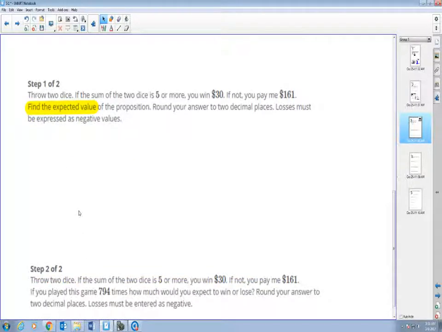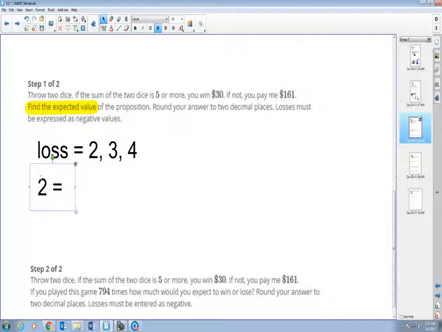Now before I begin, let's think about this. The sum of the two dice is 5 or more, you win $30. So 5 and more, you win. So what's my loss? My loss has to be the sum of 2, 3, or 4. Let's figure out how many ways I can get each. The sum of 2 is one way: 1 and 1.